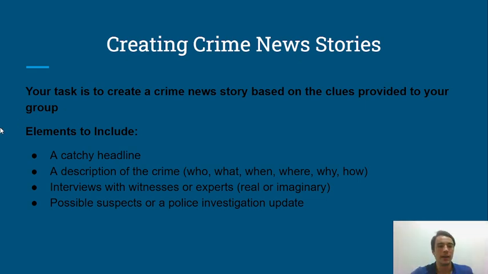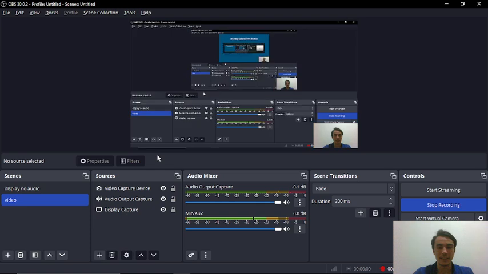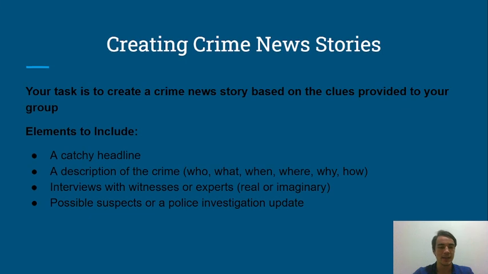Now, the elements to include are a catchy headline. You need to have an interesting headline, so people would want to read or listen to your story. That's why a catchy headline is important. And a description of the crime: who, what, when, where, why, and how.